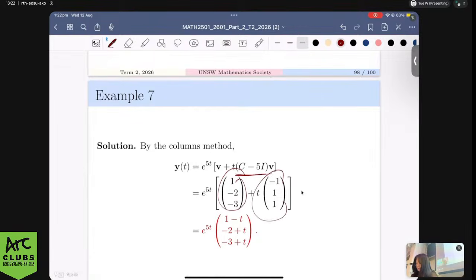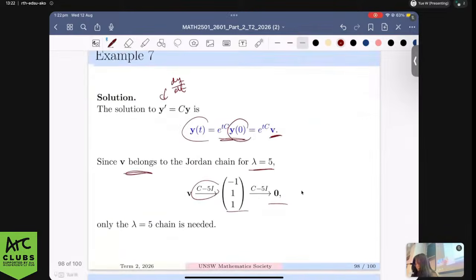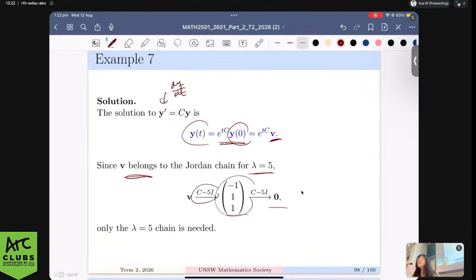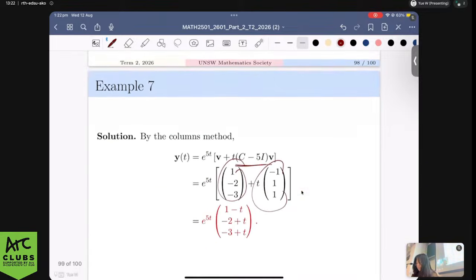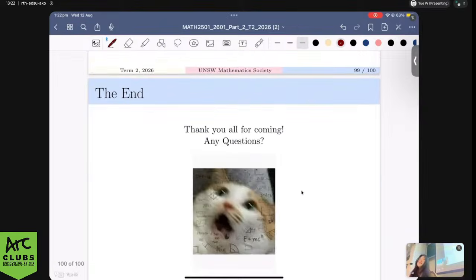So your minus 1, 1, 1 would be this vector here. You put it together, multiply it by t, and add them up to get your final solution. I think in the lecture slides you also learn about inhomogeneous cases, but I don't think that's tested. And that's the end.